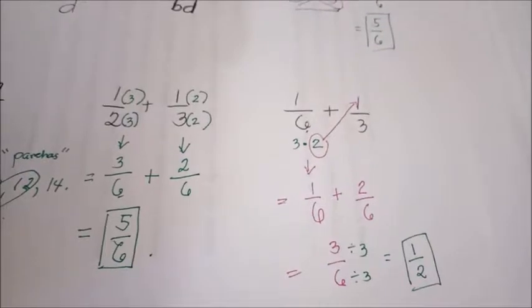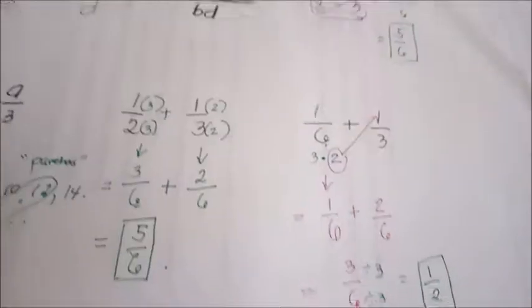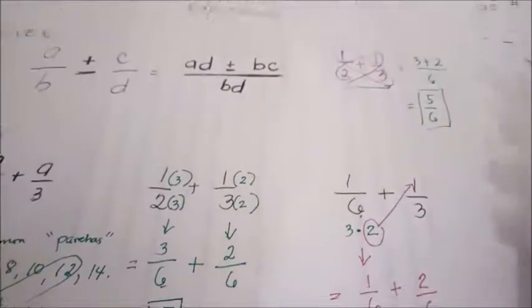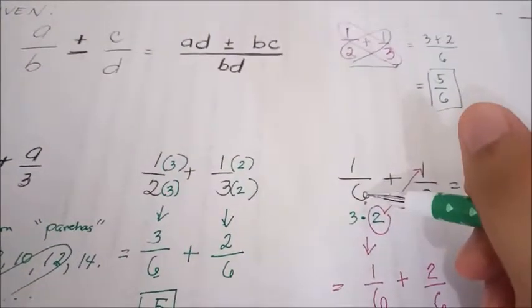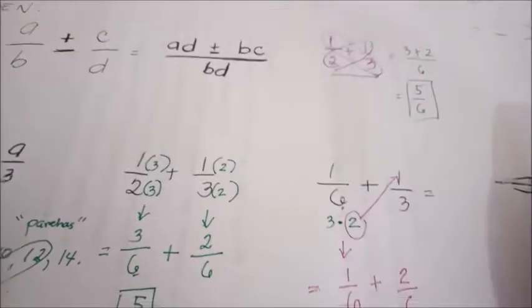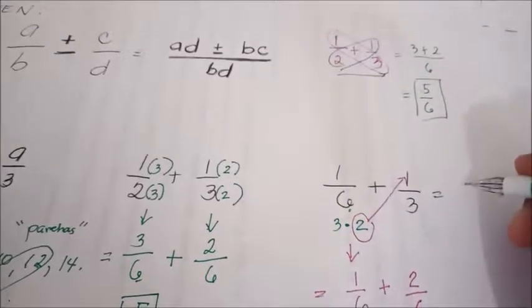Okay? So for those who are keen, this is the process we did, using factoring. If you instead multiply directly, multiplying the whole 6 by 1, your answer will be 6. If you multiply 3 by 1, the answer is 3.